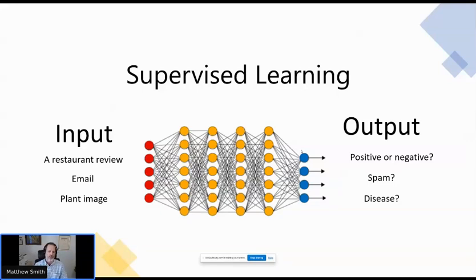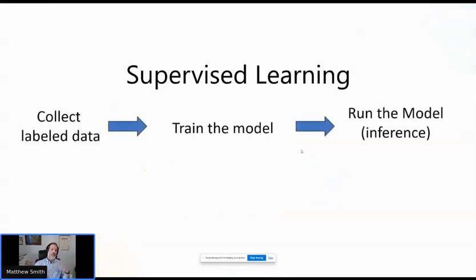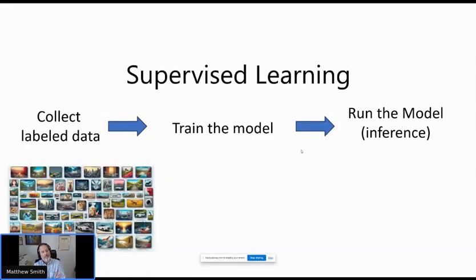So how does it do this? How does it learn to do this? It's pretty straightforward, actually, at a high level at least. But the first and maybe most important step is collecting what's called labeled data. So in this picture, for example, if you wanted to train something on recognizing images, you'd have a whole bunch of images, and all the images need to be labeled.